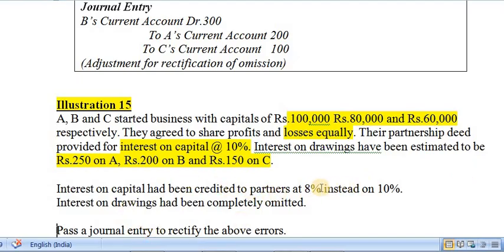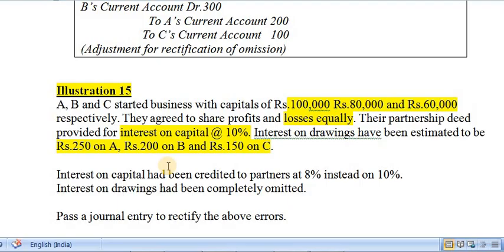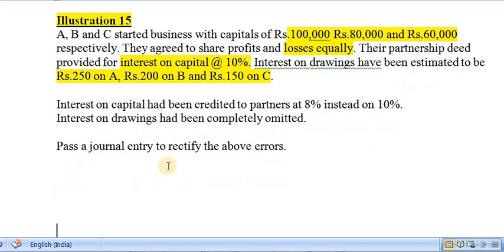Interest on capital credited at 8 instead of 10. So give 2% to them. Second, interest on drawings had been completely omitted. That means interest on drawings should be debited to partners and credited to business. So debit them with 250, 200 and 150. Let us see how this is done.